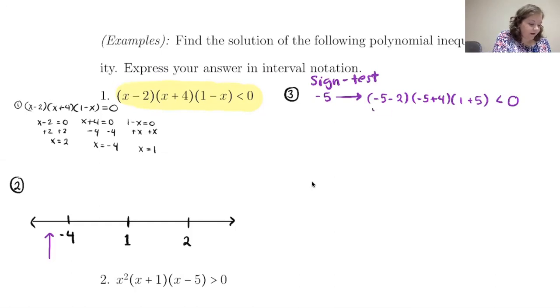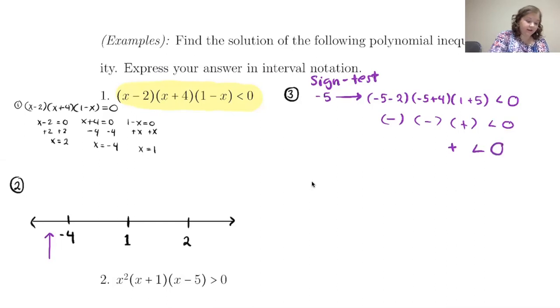So this first term here, -5 minus 2, well, that's a negative. The second one, -5 plus 4, is negative. And then the third one, 1 plus 5, is positive. So we're seeing if that is less than 0, because that comes from the original inequality. So negative times negative times positive equals a positive number.